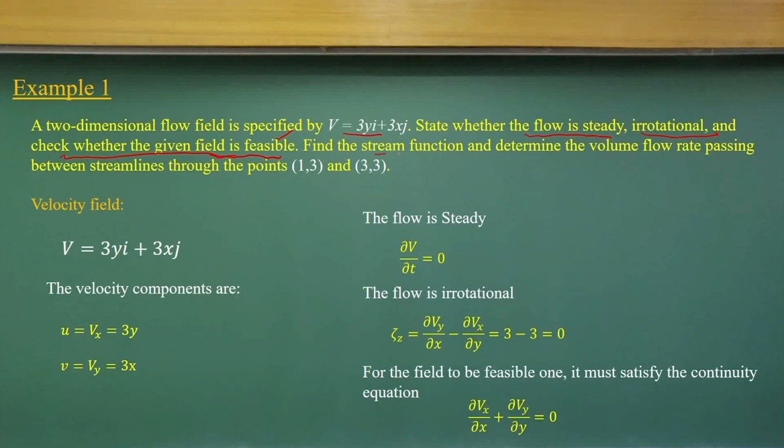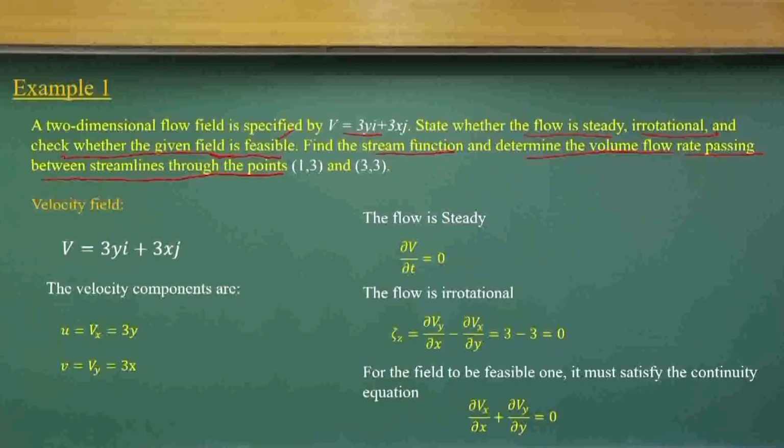Then we talk about the stream function and determine the volume flow rate between the streamlines passing through these two points. Even though I have not discussed the stream function, I will just introduce it, and based on that you can think about how to get the stream function.